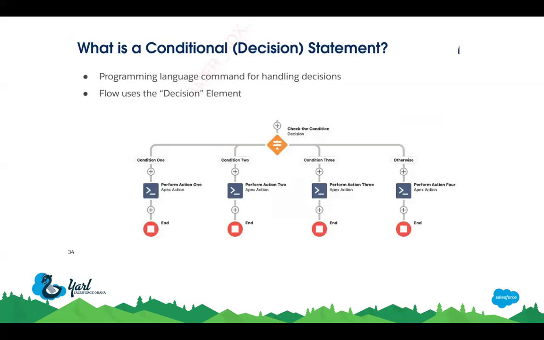So they are based on the specific condition. You are deciding 4 different paths. It can be 4 paths, 10 paths, n number of paths possible, or even 2 paths. Right? So that is a condition statement or decision making statement. So we are going to use the decision making element in the flow to do condition based execution.